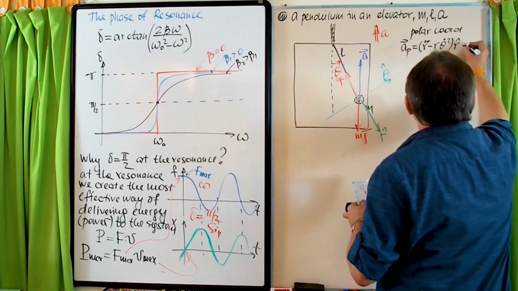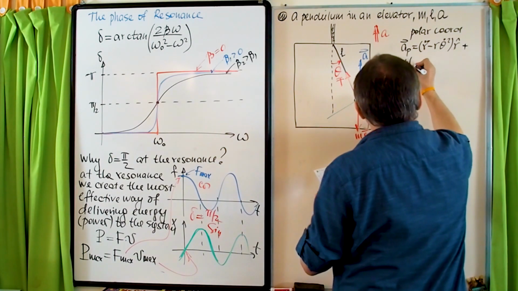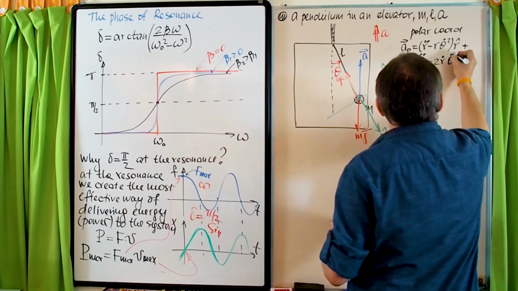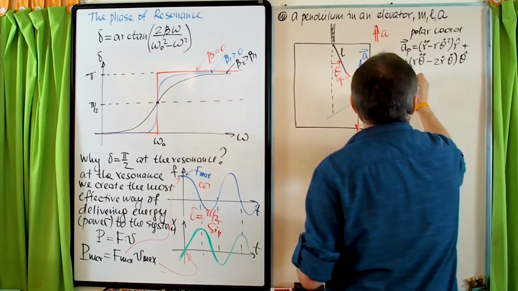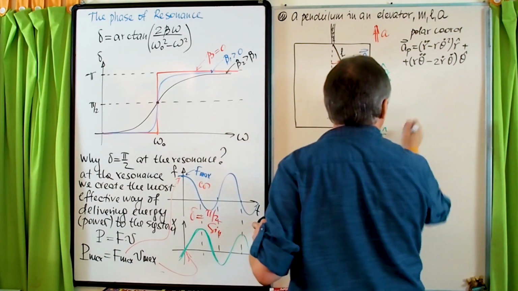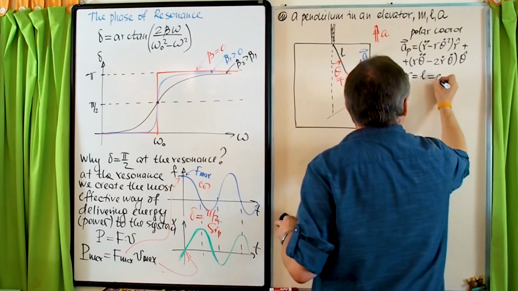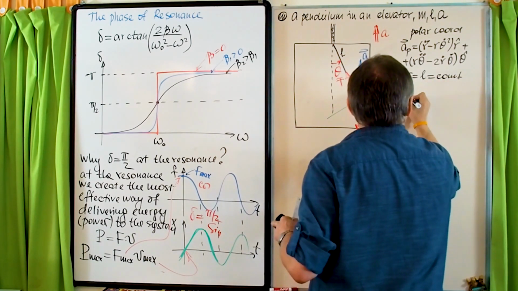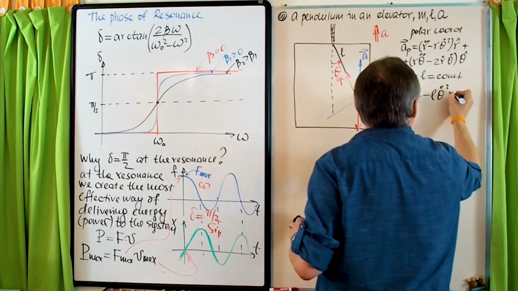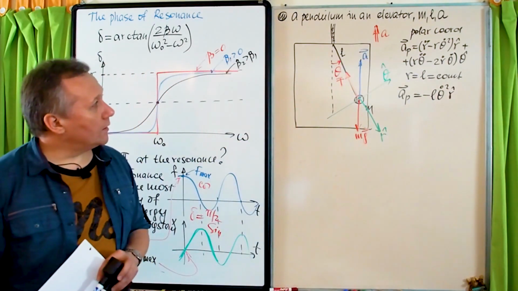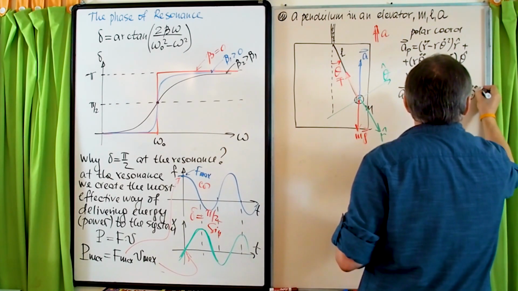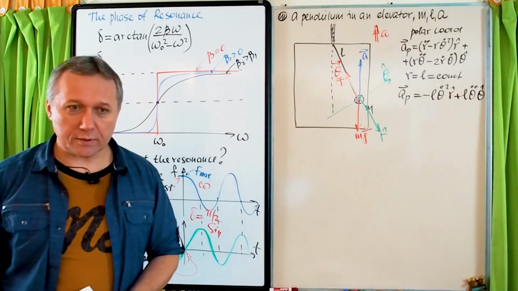And then plus the accelerations in the theta direction: r theta double dot plus the Coriolis acceleration, 2 r dot theta dot. In our case, r equals L equals constant. Of course, the acceleration will be simplified. It will be minus L theta dot squared in the r hat direction and plus L theta double dot in the theta hat direction. Okay, and now Newton's second law.